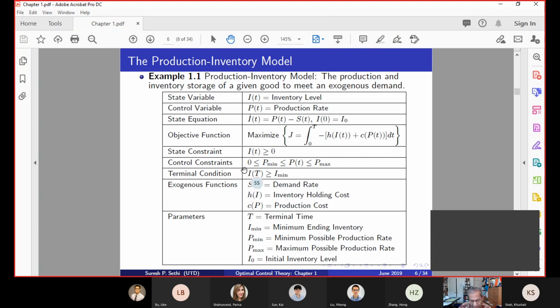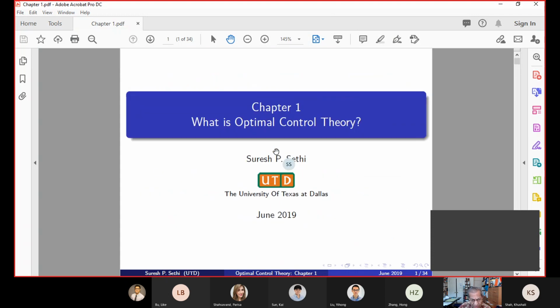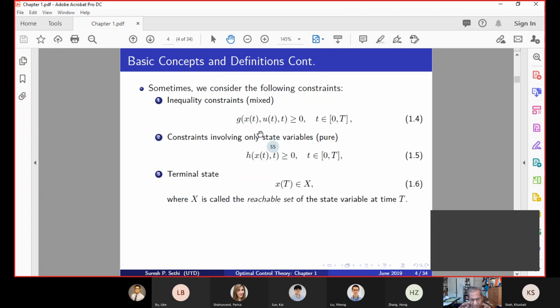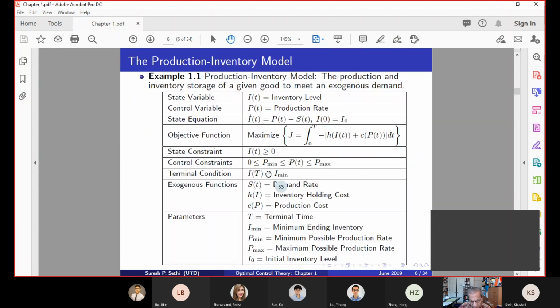The control constraint is a constraint of this kind, for example. My production cannot be lower than 0, and my production P(t) cannot be lower than P min, which could be some number bigger than 0 if necessary, and my production cannot be bigger than P max.